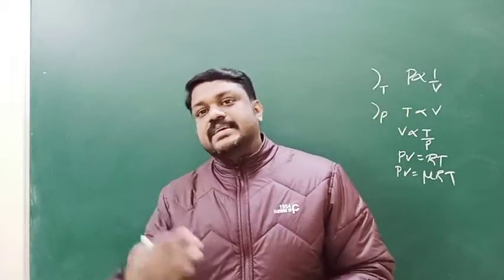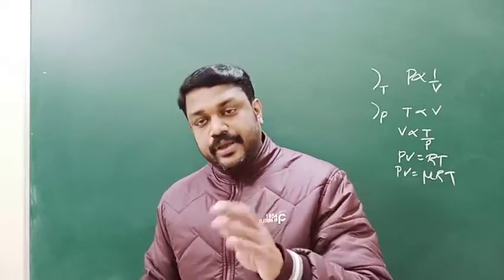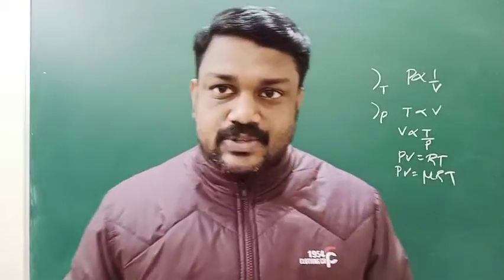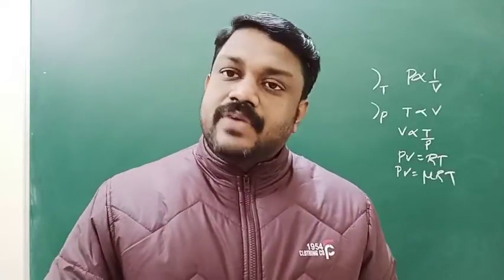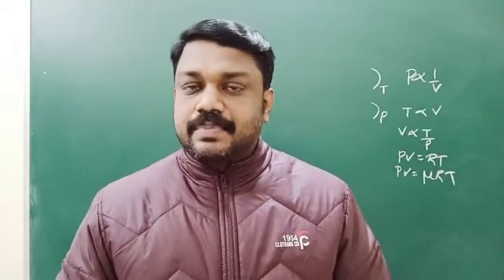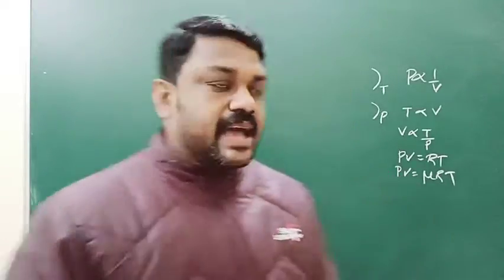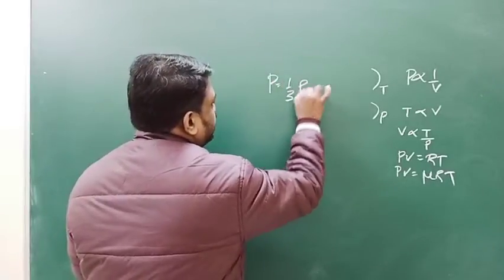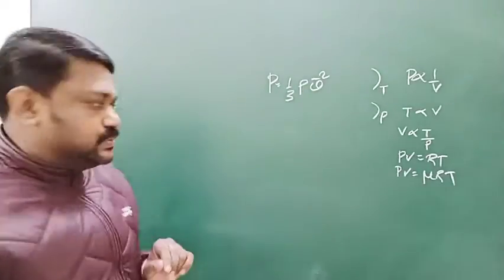What is RMS velocity? Anyhow, they are moving with the RMS velocity. And from this we are interested in the point of exerting pressure. That means pressure is exerted by a gas on the walls of the container in which it is taken. So we have calculated that the pressure exerted by gas on the walls of the container is P is equal to 1 by 3 rho v square, where v is the RMS velocity.